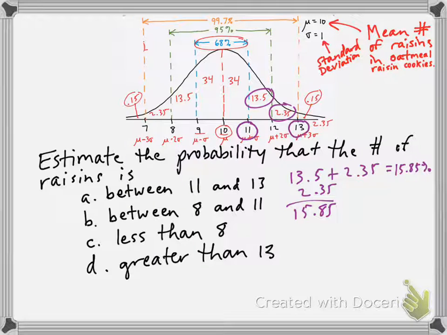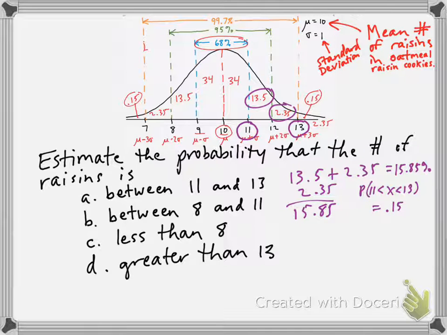On the Khan Academy problem sets, he always asks for percentages. In fact, he puts the percentage symbol in there, so I wanted to be consistent with that. But if we asked, what's the probability that the number of raisins X would be somewhere between 11 and 13, we would answer by converting the percentage to a decimal, moving the decimal two digits to the left.